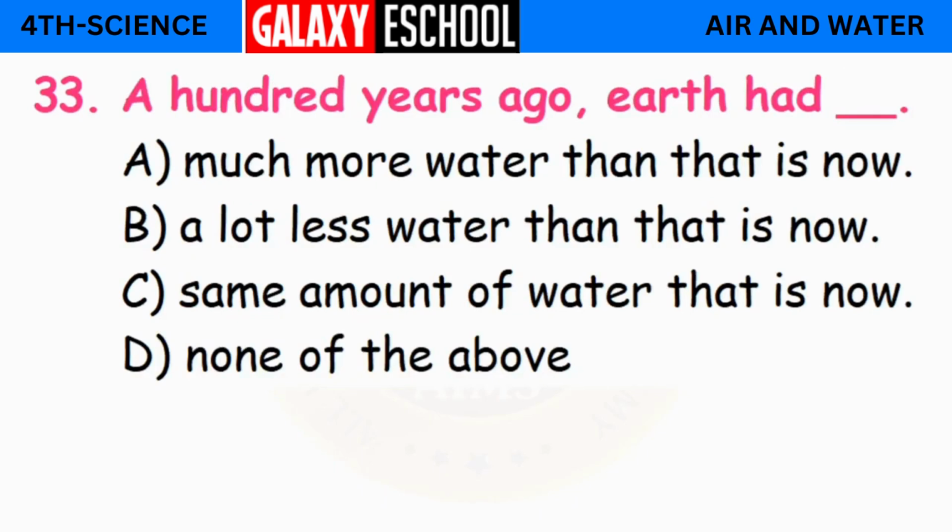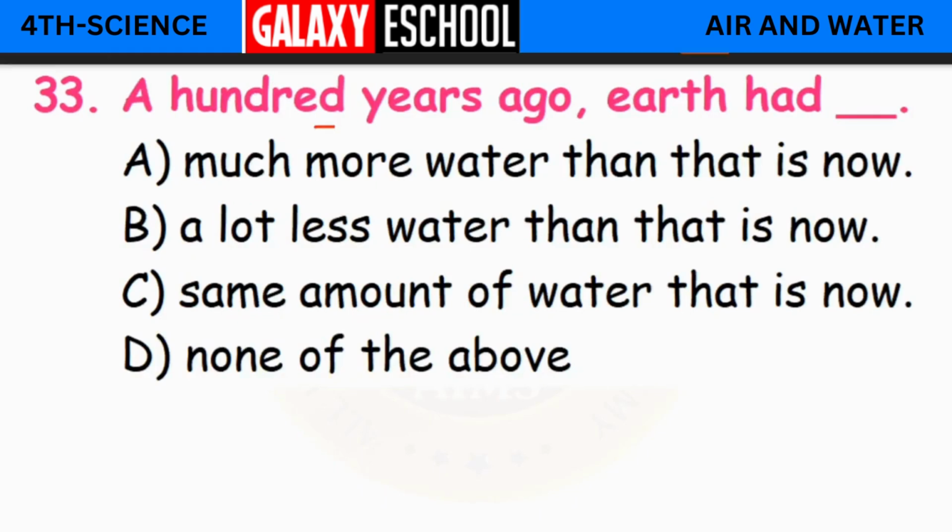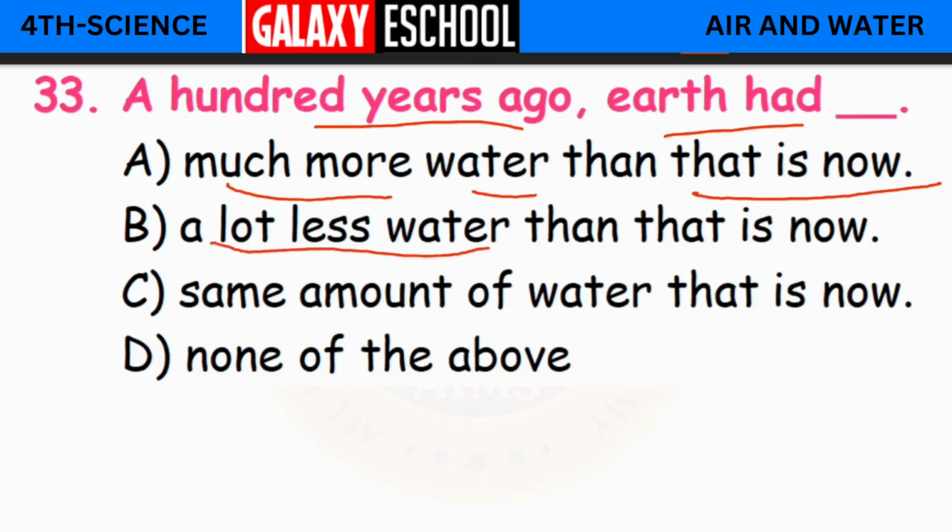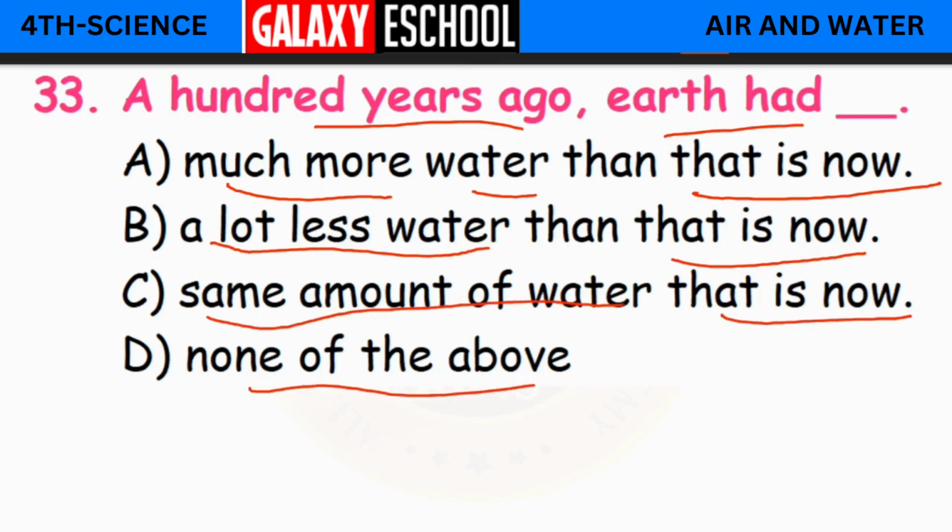33rd question. 100 years ago, Earth had what? Much more water than it has now, a lot less water than it has now, the same amount of water that it has now, or none of the above. We are calculating the water here, children. How much water was there some 100 years ago?